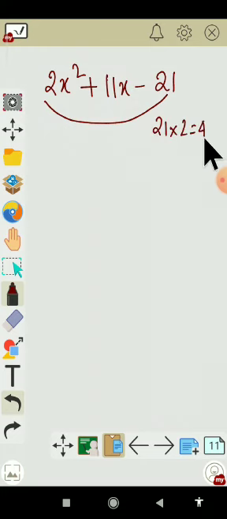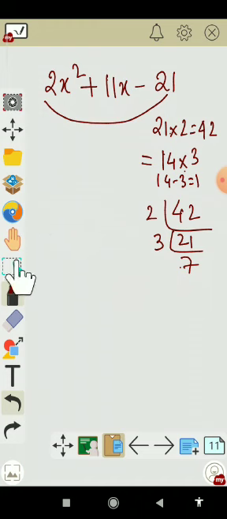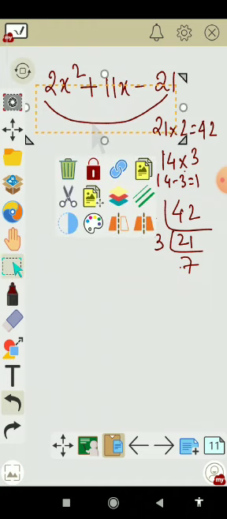So 21 into 2 is 42, and we have to write 42 in such a way that... so factorize it first. 2, 21, 3, 7. So if we write 42 as 14 into 3, and 14 minus 3 is 11.